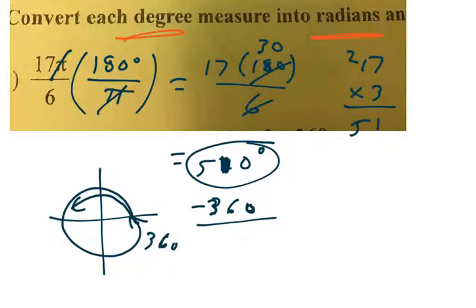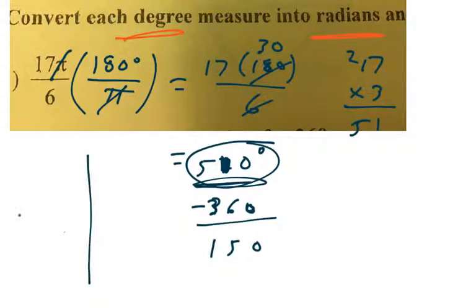And let's see what I end up with. 0, 11 minus 6 is 5. So 150. So a 510 degree angle is basically a full loop. Let me start over here.